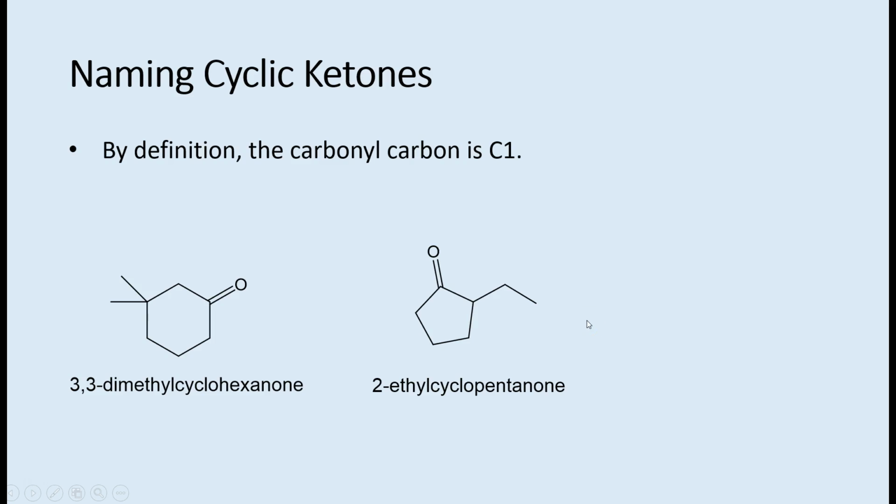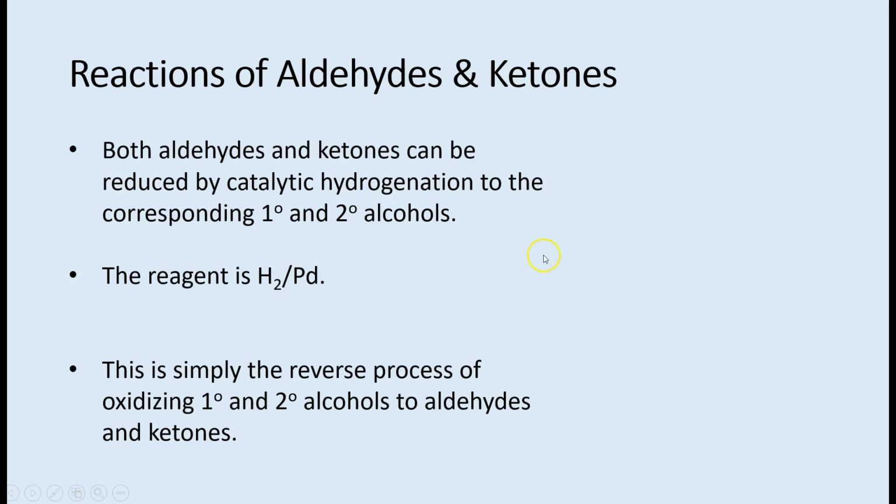Well, having talked about nomenclature of aldehydes and ketones, let's go ahead and talk about their reactions. Both aldehydes and ketones can be reduced by catalytic hydrogenation into primary or secondary alcohols.